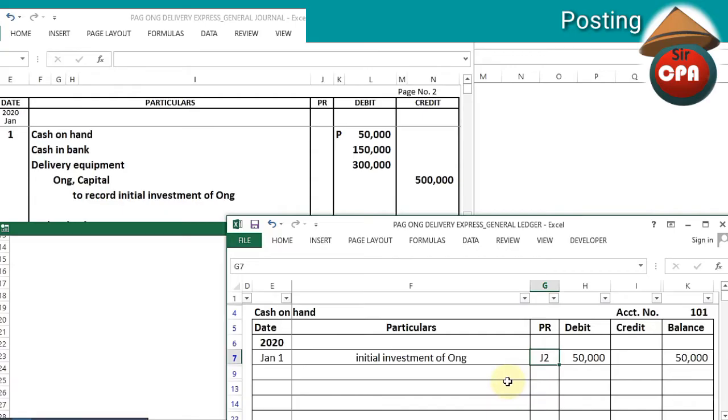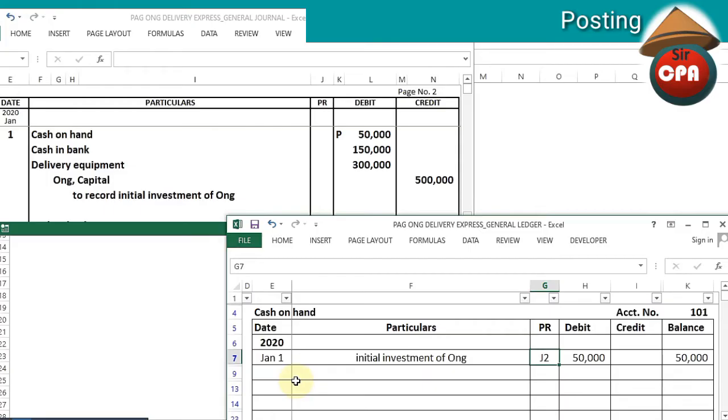Sir, bakit J2? Kasi J stands for journal and 2 stands for page 2 of the journal. Okay? For presentation purposes, lahat ng transaction na nirecord natin sa journal for January ay nagkasya sa page 2. So malamang lahat ng post reference natin puro J2 dito sa ledger.